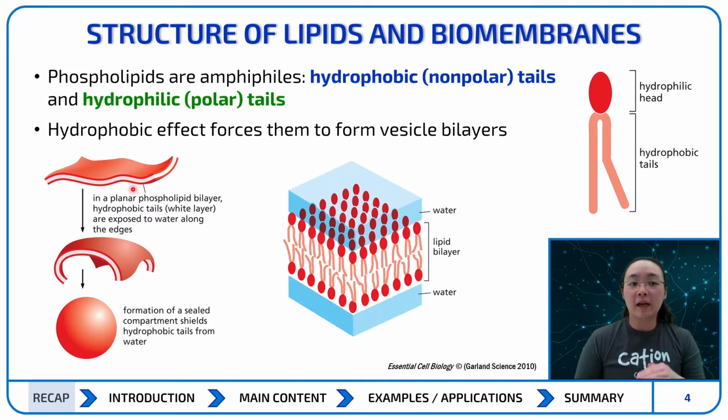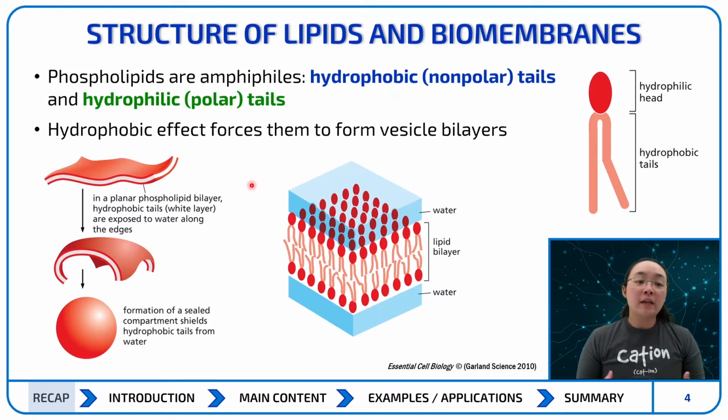We want to be able to hide the tails from the water. So there's a hydrophilic head, hydrophobic tail, core, and then another set of hydrophilic heads. But then at the very edges, there's an edge effect in that the nonpolar hydrophobic tails are still exposed to an aqueous polar environment at the edges.